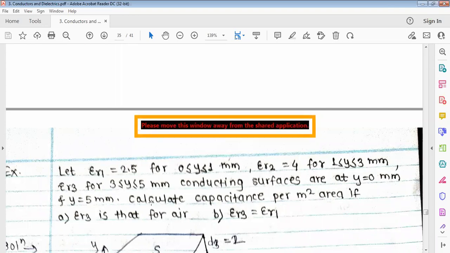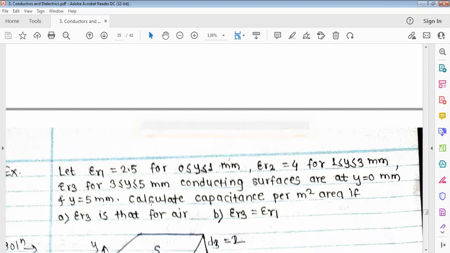Examiners also know that you are copying from Google, so they are now putting new questions which are not available on Google. So you study, that will be better for your future also, right?